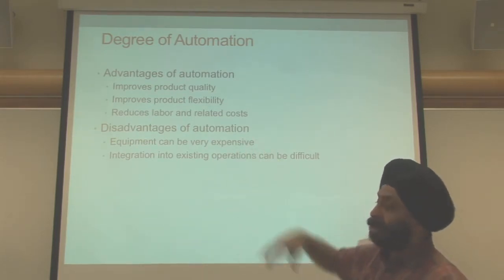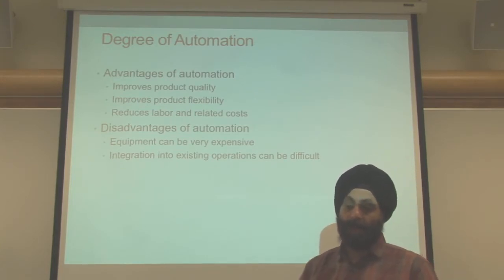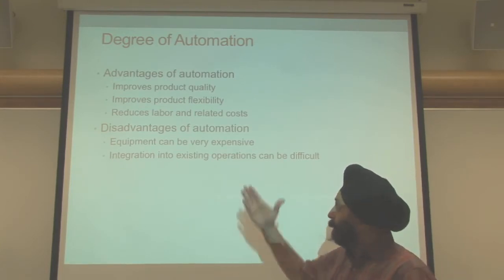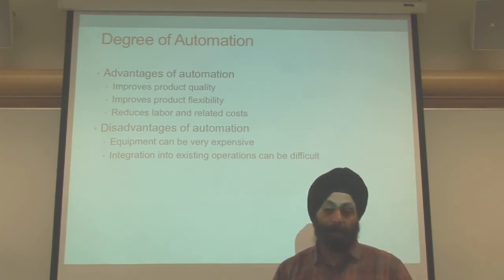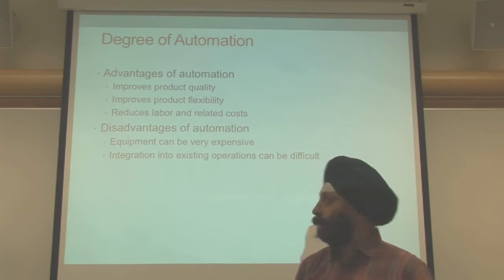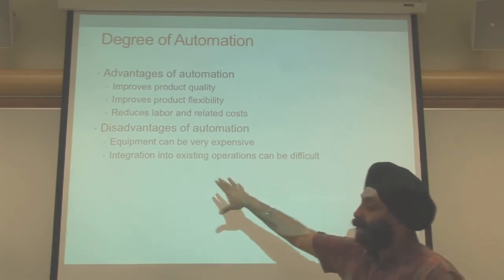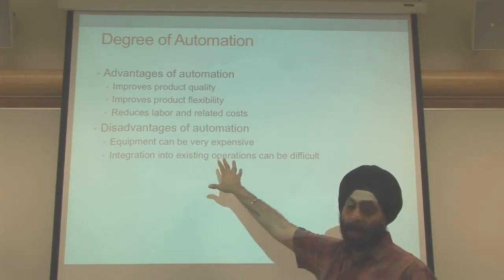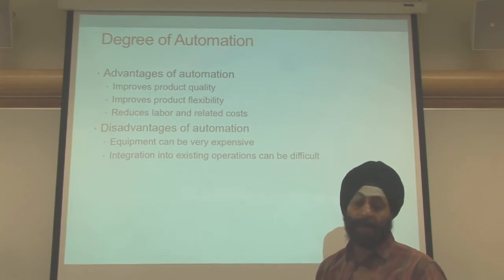It reduces labor and related cost in this case, because automation is a fixed, one-time cost of investing in production, whereas labor is a variable cost. The more you're producing, the more you have to pay. Disadvantage of automation: equipment can be very expensive. That capital fixed cost that we talk about is pretty high, in millions of dollars.